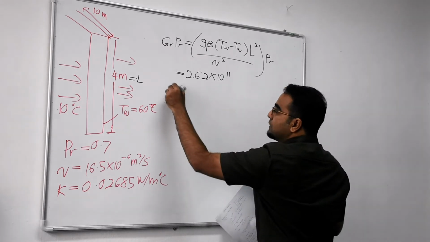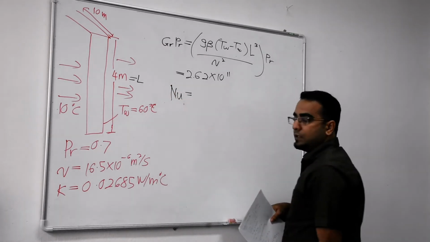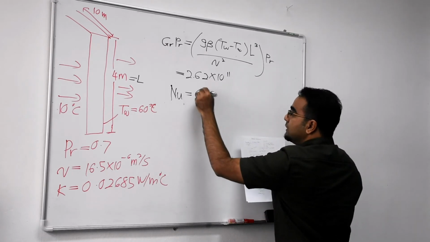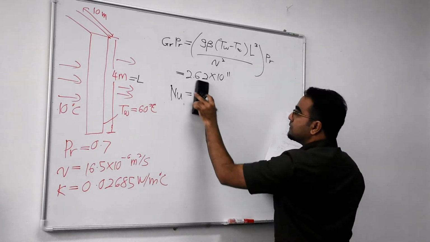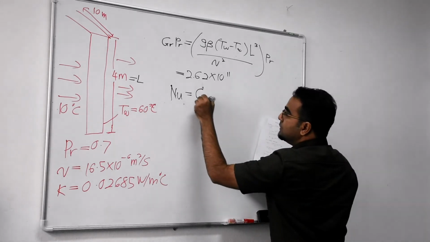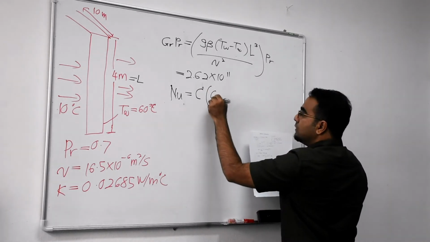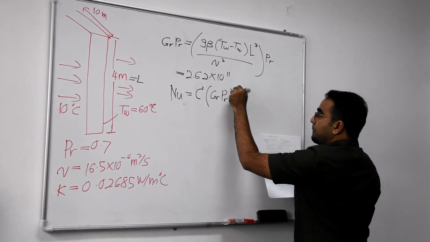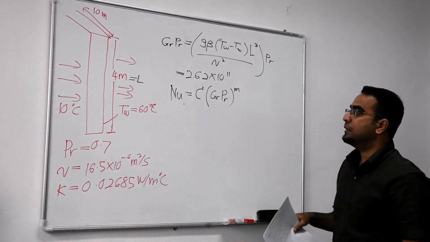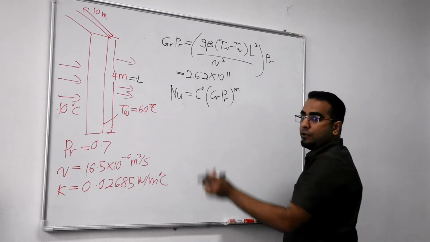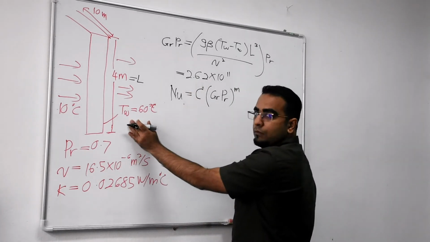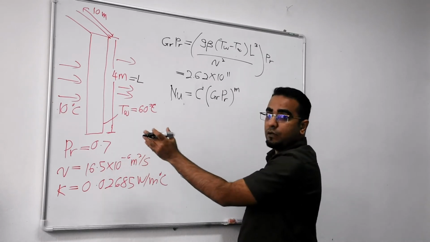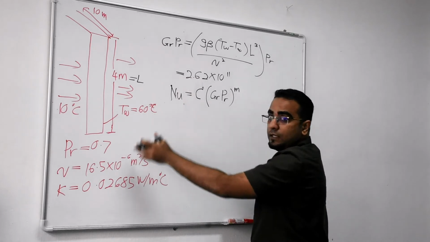Because the equation for Nusselt number is Nu equal to C times Gr Pr to the power of m. You need to find them based on the value and also the type of wall that you have. Is it a vertical wall? Is it a horizontal wall? In our case, it's a vertical wall.